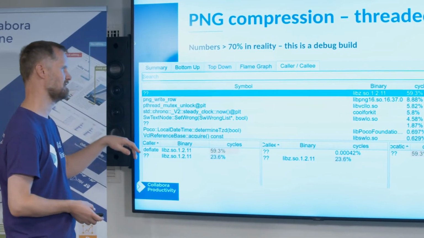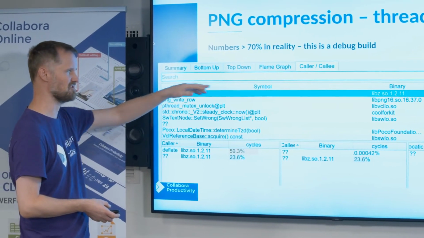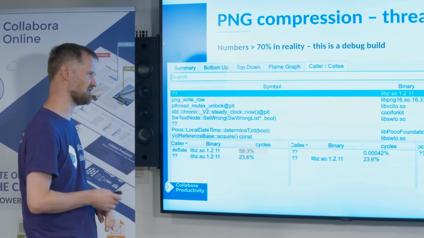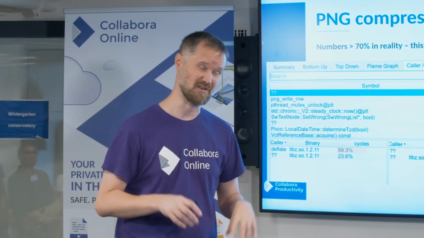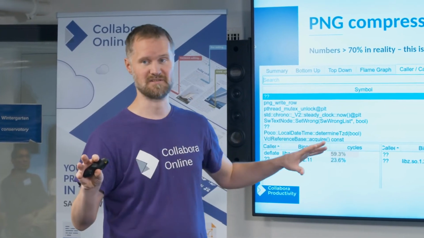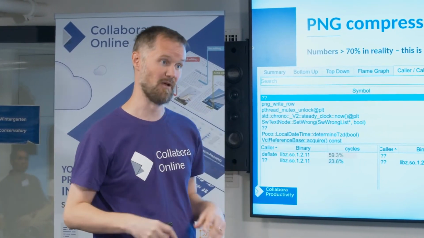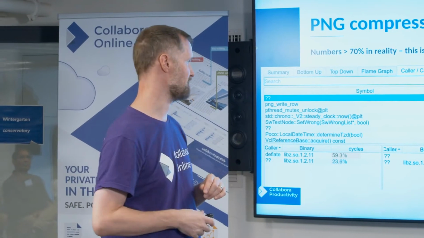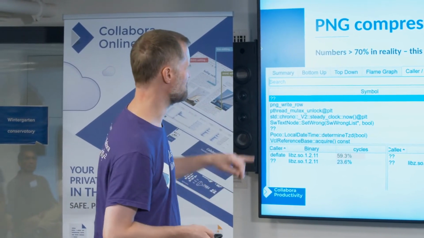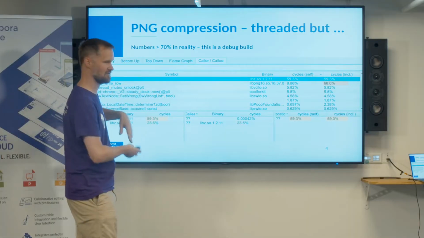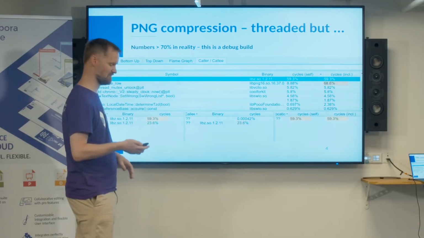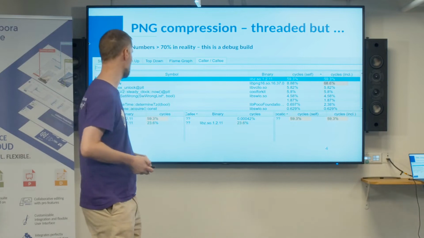So this is writing rows and the zlib deflate stuff was a great chunk of the time. And to avoid this being a latency problem, we thread that piece. So we compress these things and we actually generate deltas in a threaded way. But actually this is a debug build, so there's loads of stupid stuff going on, Perco times and other stuff. So actually probably more than 70% in reality was PNG compression.